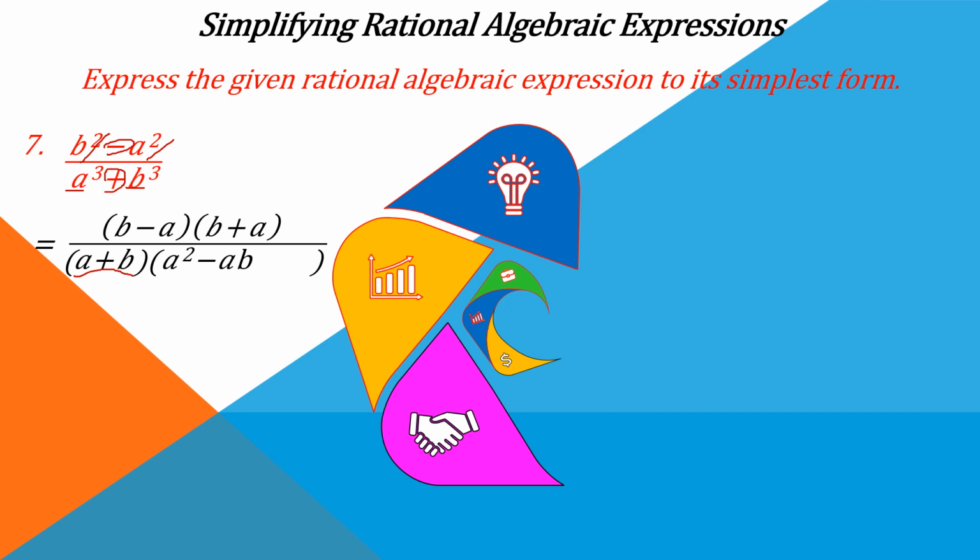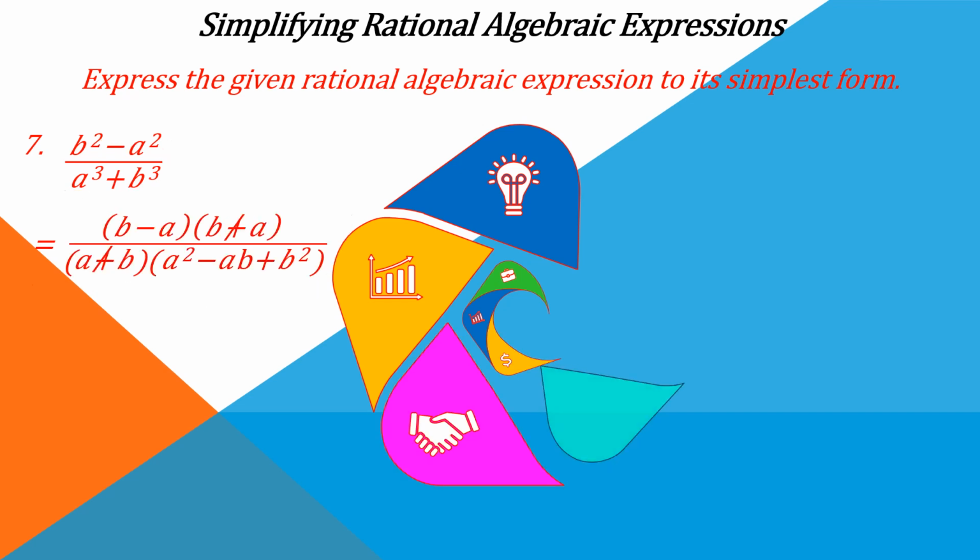So this is negative ab, and the last term is the square of the second term of the binomial, which is b squared. And based on our factors, we can rearrange a plus b or b plus a, or we can cancel that out because b plus a is also equal to a plus b. It is what we call the commutative law of addition.